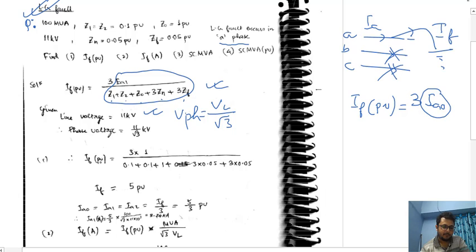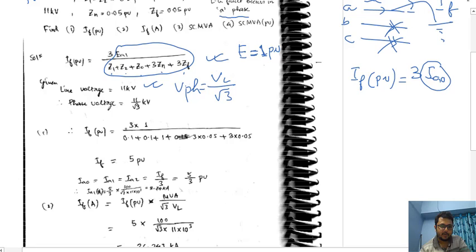So IF per unit equals 3 into 1. Always consider the voltage E equal to 1 per unit. This is the rule. Always consider the voltage to be 1 per unit. So 3 into EA1, which is 1. This is 1 always. If it is not mentioned and you are calculating in per unit, then consider EA1 is 1. And Z1, Z2 all are given.